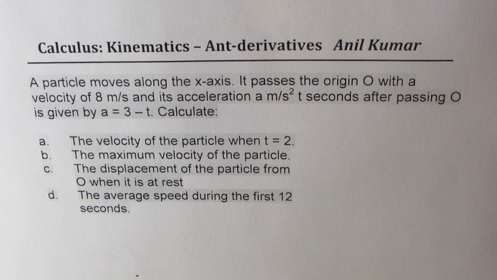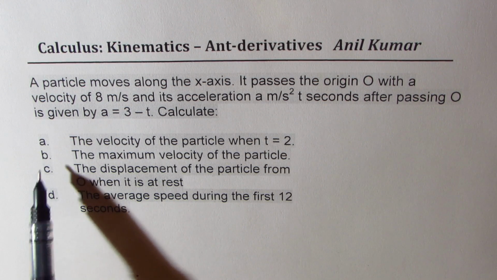We are looking into the calculus part of antiderivatives now. The question here is, a particle moves along the x-axis. It passes the origin O with a velocity of 8 meters per second and its acceleration a in meters per second squared, t seconds after passing O, is given by a equals 3 minus t.